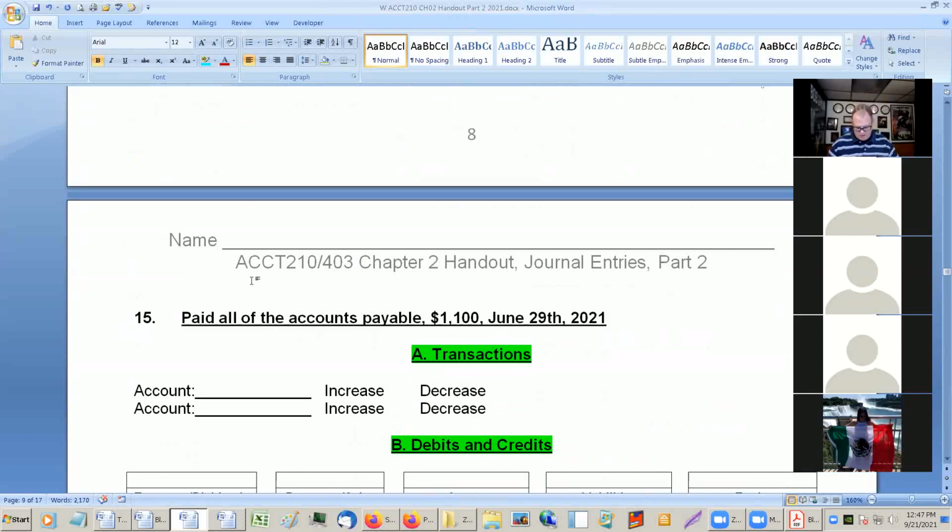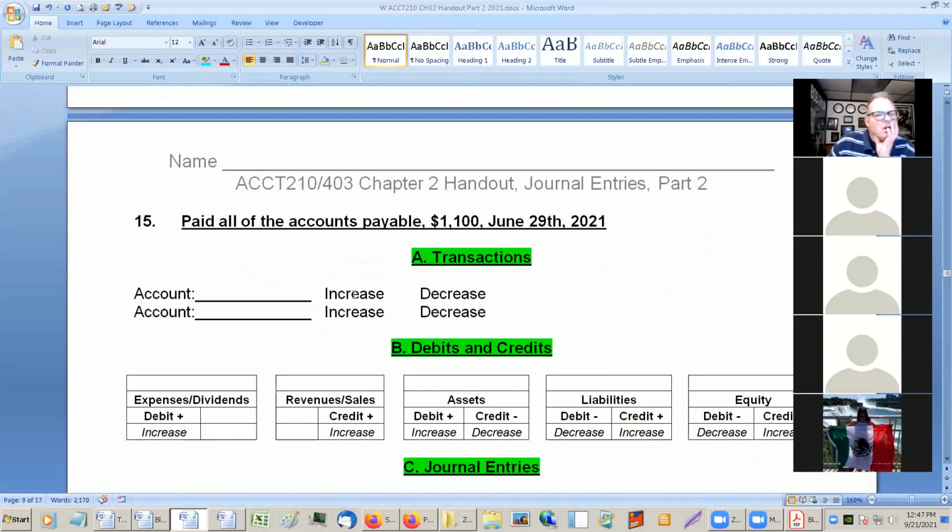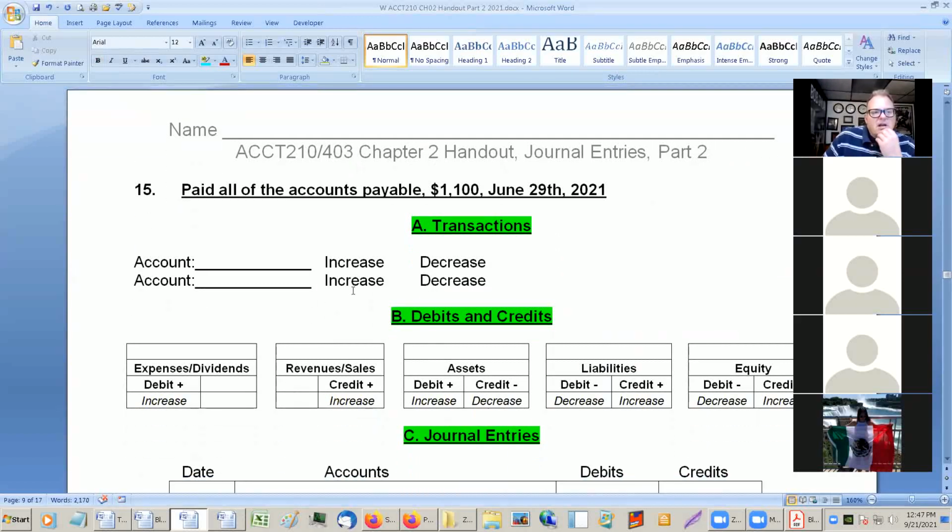All right. Paid all of the accounts payable, $1,100 on June 29th. Okay, what accounts are we going to use? Cash and accounts payable? Yes and yes. So we paid him with, what do we pay him with?